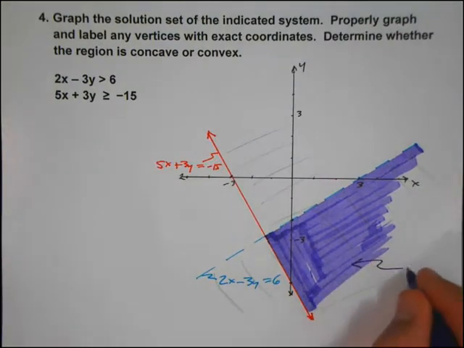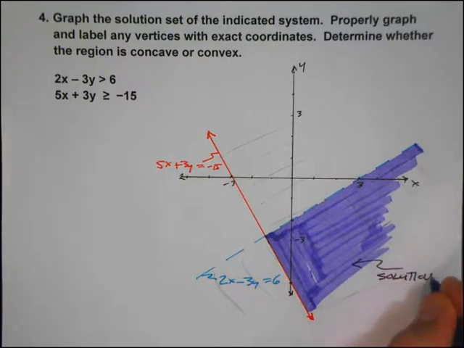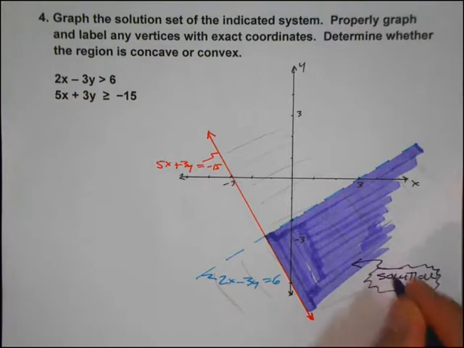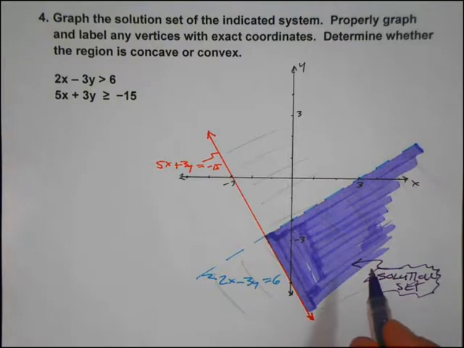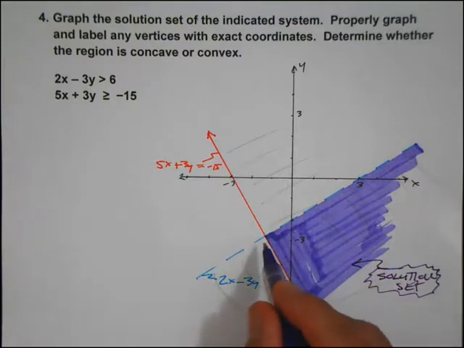So we have the solution set. Now, let's see, what else have we got? Well, there's one vertex here.